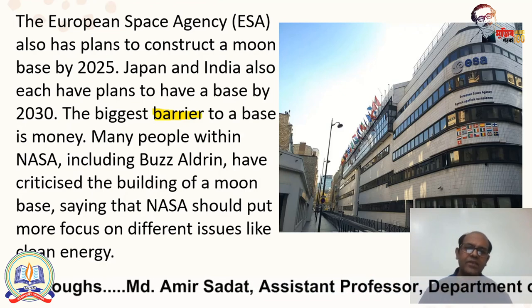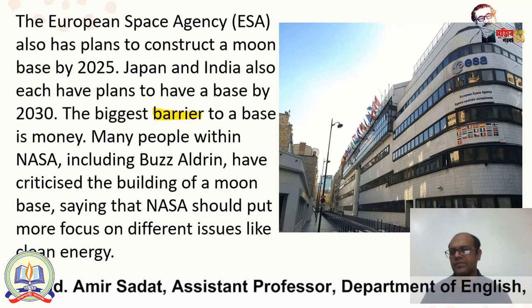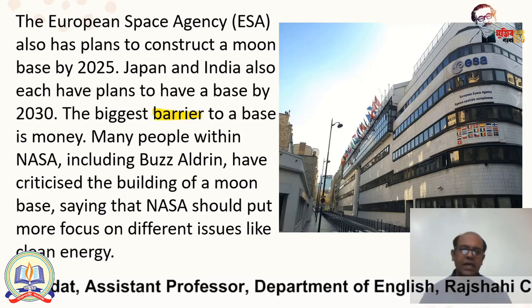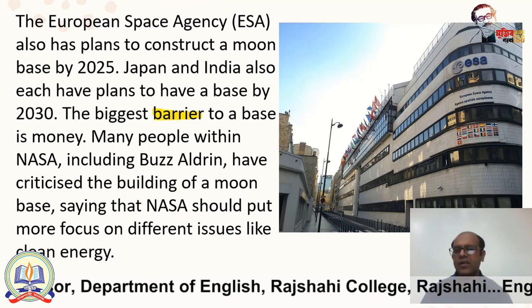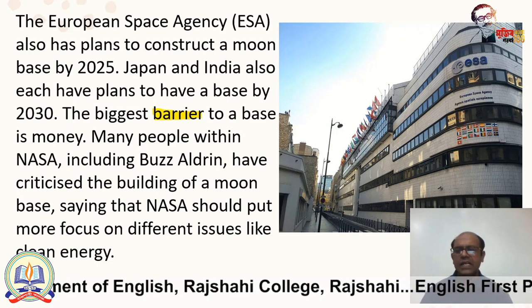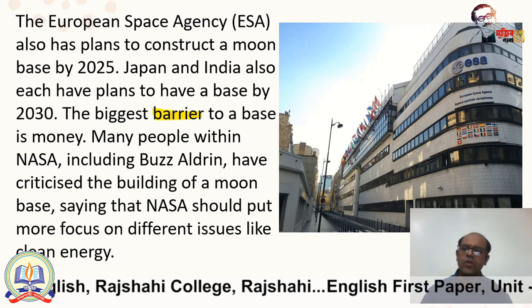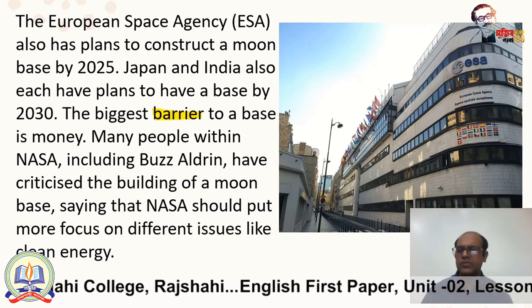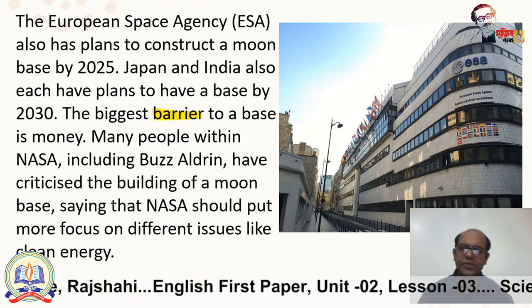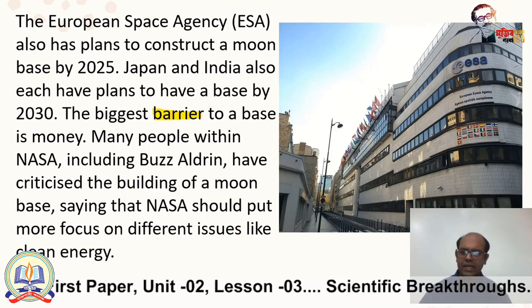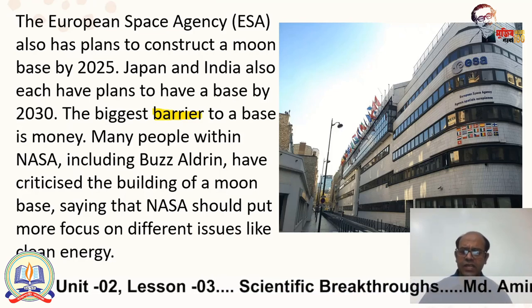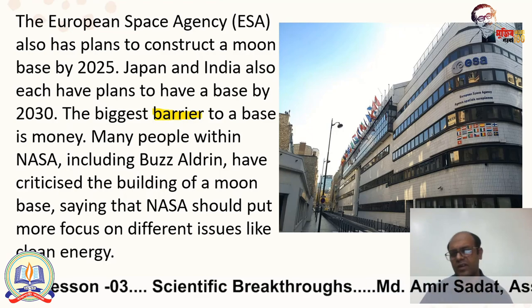The biggest barrier to a base is money, and many people within NASA, including Buzz Aldrin, have criticized the building of a moon base, saying that NASA should put more focus on different issues like clean energy. Here is the word barrier I have highlighted. Barrier means anything that restrains or obstructs progress.